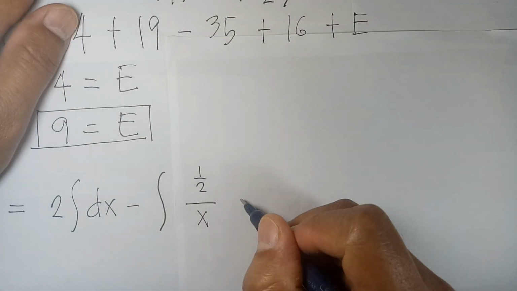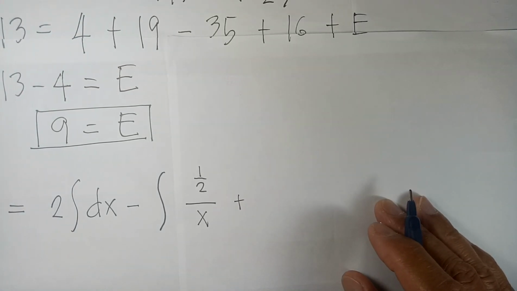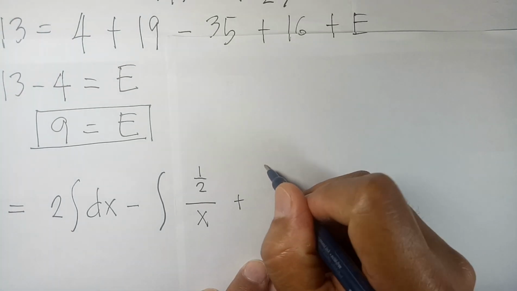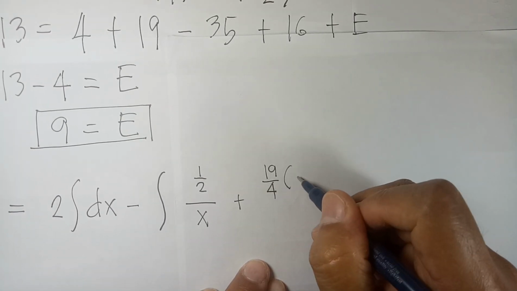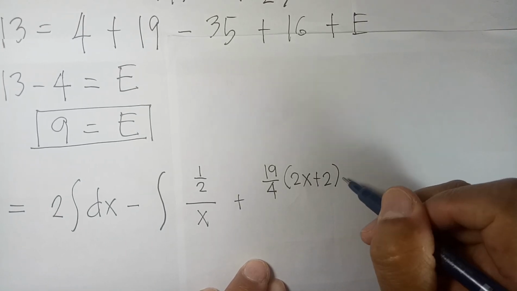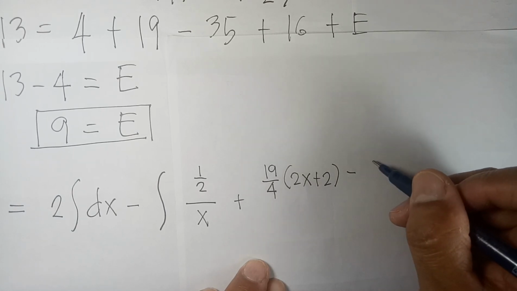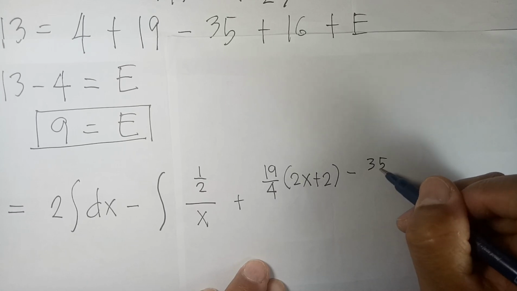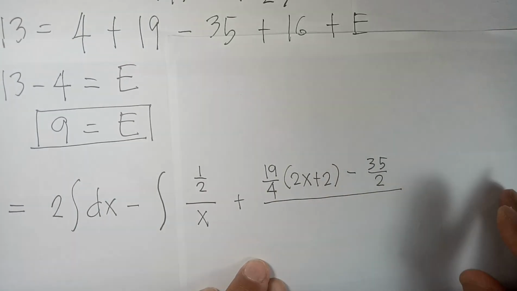So, plus b, ang b natin ay 19/4. So 19/4 times 2x plus 2 and then plus c. Ang c natin ay negative 35/2. So divided by, no?